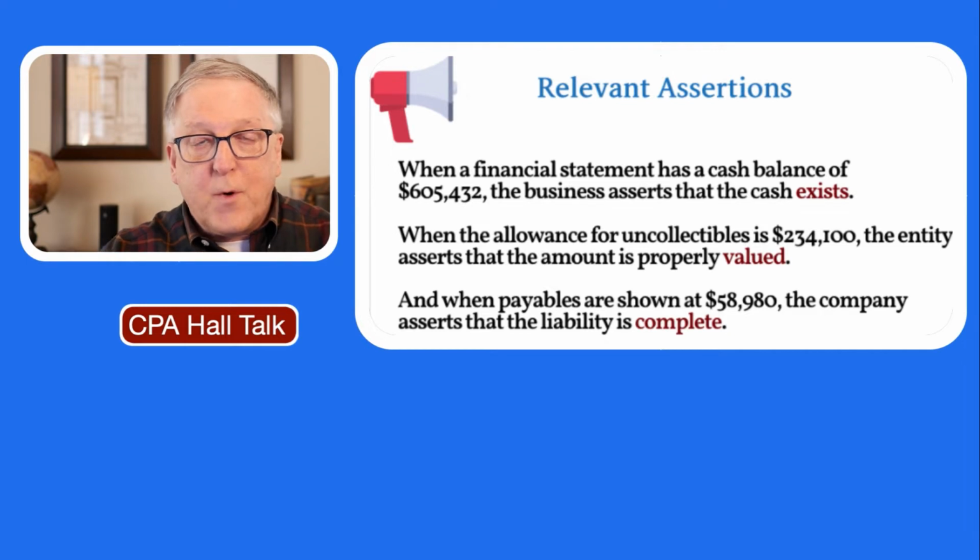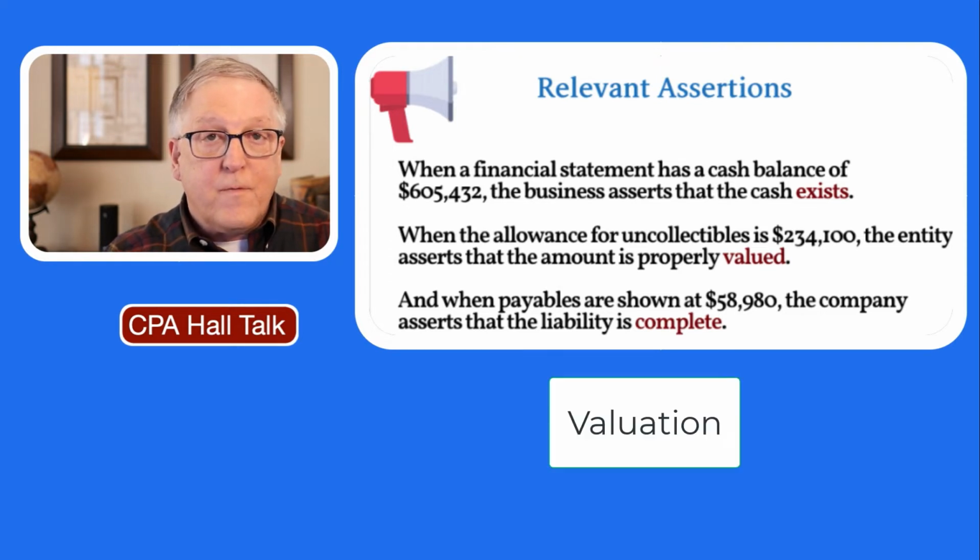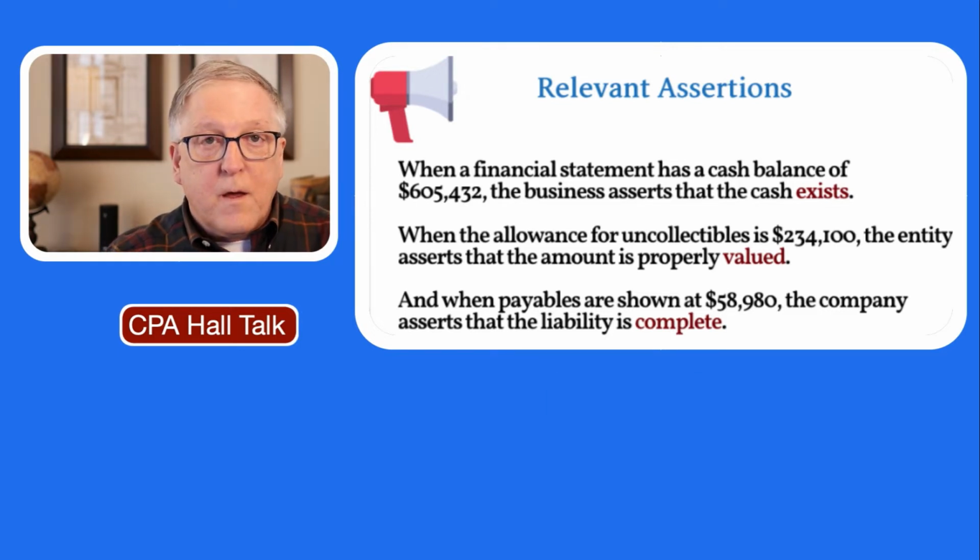Another example here is the allowance for uncollectibles. When you see that in the financial statement, on the balance sheet, or in a disclosure, the entity is asserting that that amount is properly valued. So now we have the valuation assertion coming into play. Another example is accounts payable.